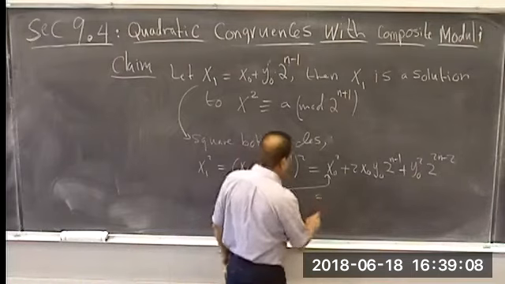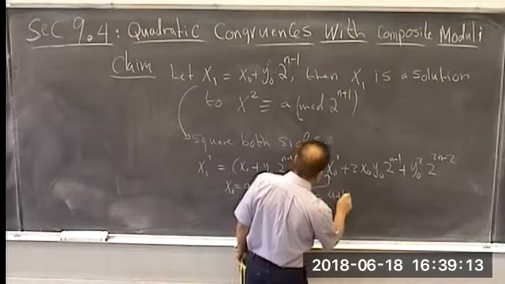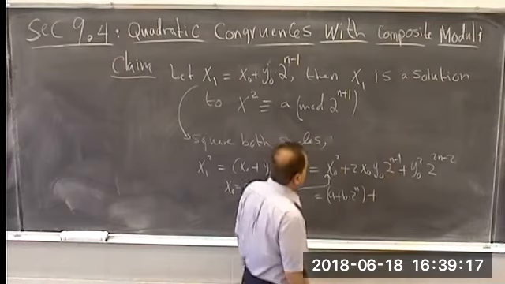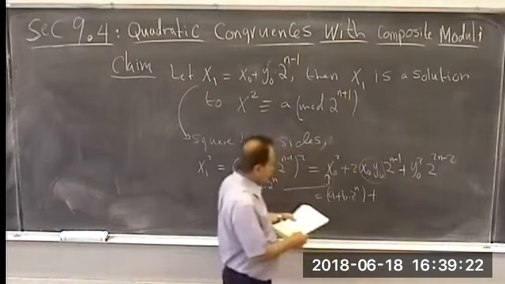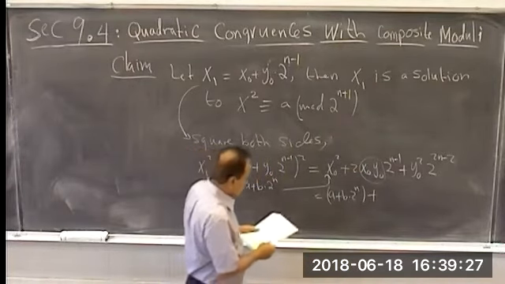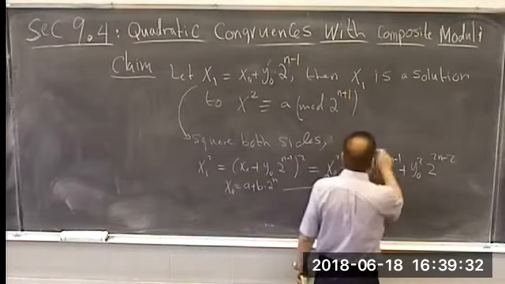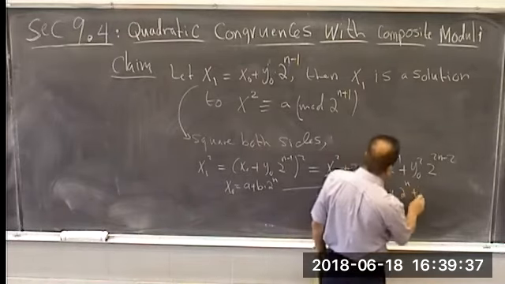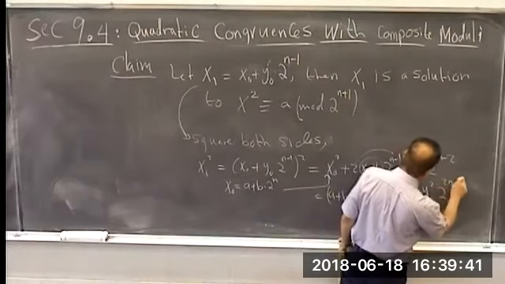This becomes a plus b 2 to the n plus x sub 0 y sub 0 2 to the n, plus y sub 0 squared 2 to the 2n minus 2.